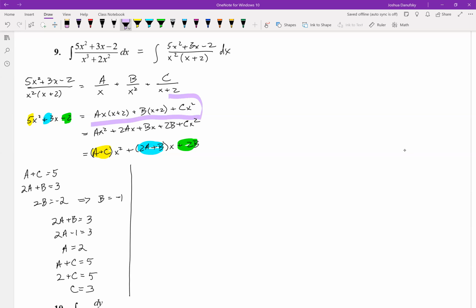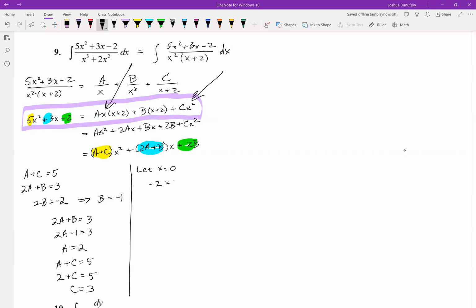If we go back to here and let x equal 0, well, over here, we're going to end up with 5 times 0 squared plus 3 times 0 minus 2, which would give us a negative 2, like that. And over here, this factor would 0 out, and that factor would 0 out.